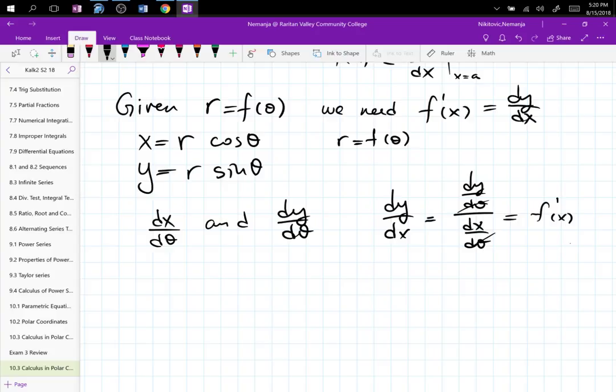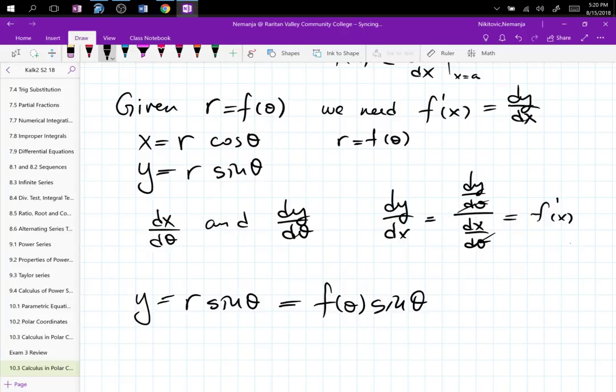So what are these derivatives? Well, we'll start with the derivative of y, because that goes on top. If I start with y equals r sine theta, I'm going to rewrite this as f of theta sine theta.